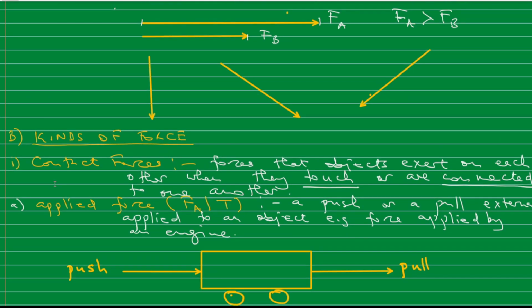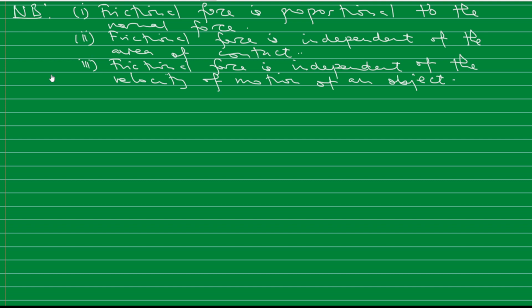You realize why they are called contact forces, as we defined earlier: these forces are experienced when objects are exerting a force on each other and are connected or touching. Now let's come to the other force, the non-contact forces.